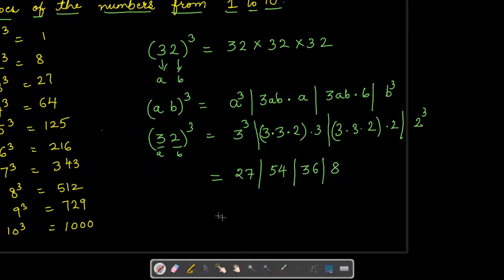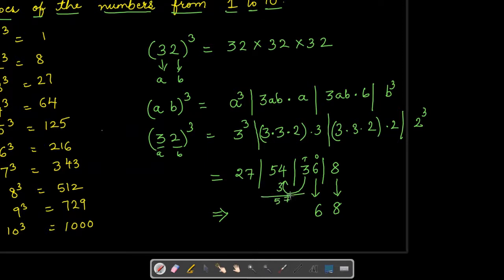Now, this step, I request you to listen very carefully. At this step, first we take the 8 as it is. Now from 36, we will only take the ones place. This is my ones place and this is my tens place digit. So I'll only drop the ones place digit over here, that is 6, and I will add the tens digit to the next number. That is, 54 plus 3 gives me 57.